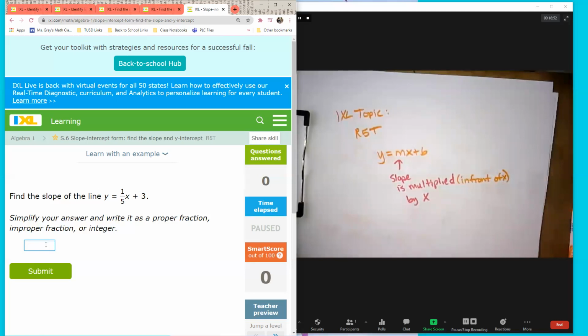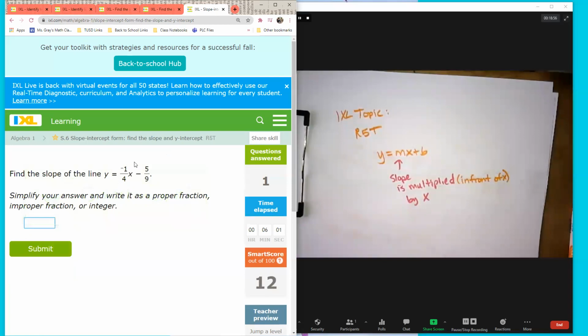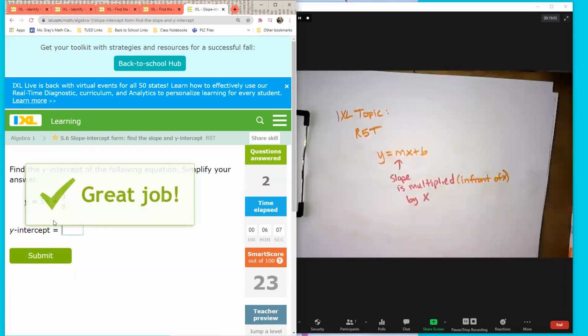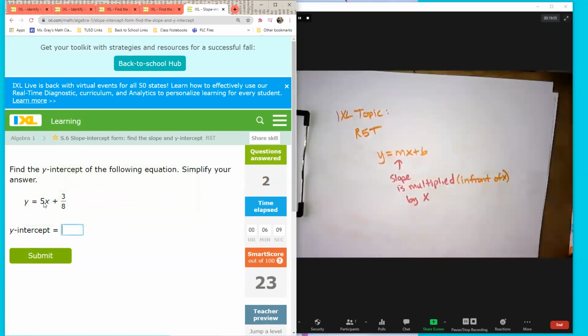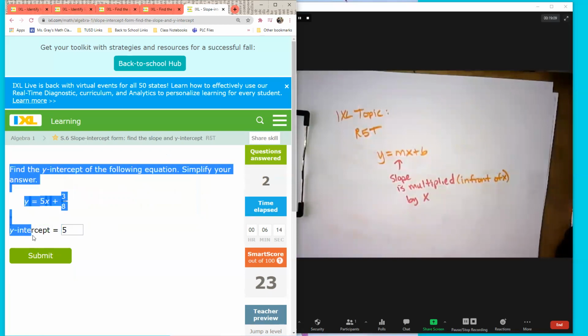So in this problem, it'd be 1/5. So I'm literally just looking for the number that's being multiplied by x. Here, x is here, so it'd be negative 1/4. Number in front of x is 5. Ooh, except, what does it say here? Y-intercept.